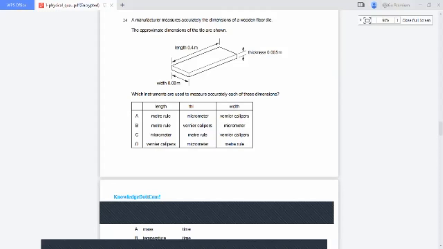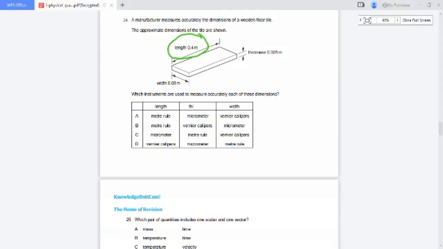So length is 0.4 meters. In 1 meter there are 100 centimeters, for our own understanding. So 0.4 meter would be approximately equal to 40 centimeters.